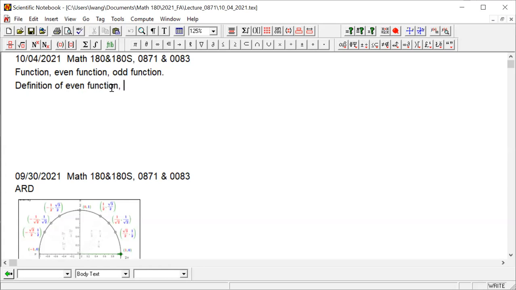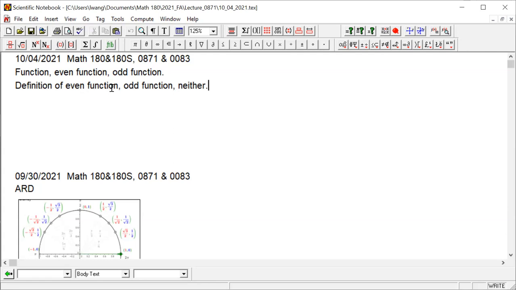I believe that some of you probably know this concept, but it's pretty important. You will encounter these concepts in calculus classes, under the calculus setting, okay?